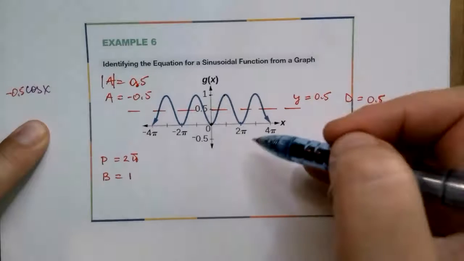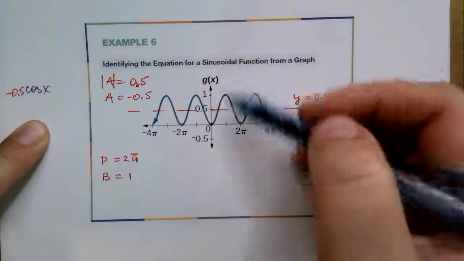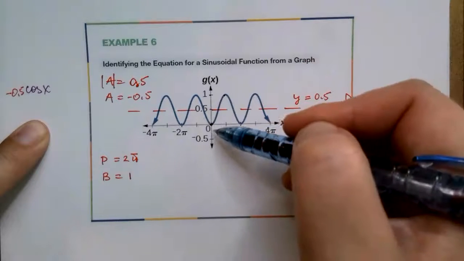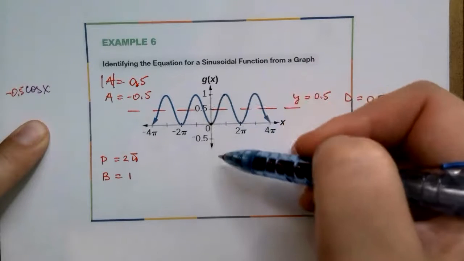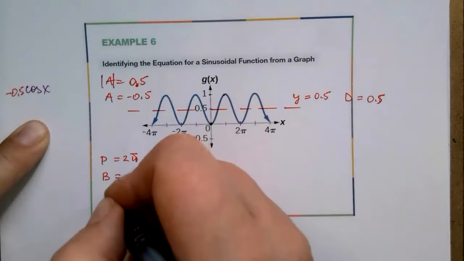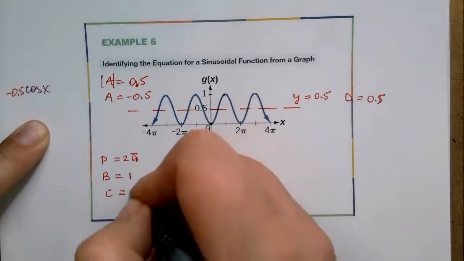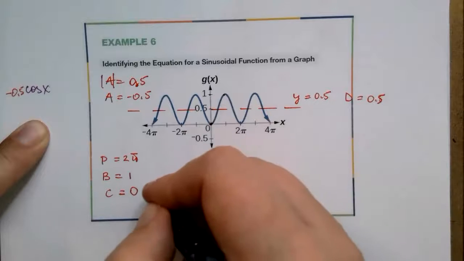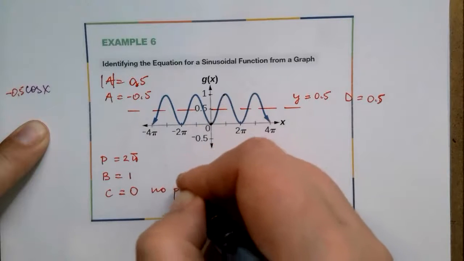What about the phase shift? I don't see any phase shift here, so we will conclude that c equals 0, no phase shift.